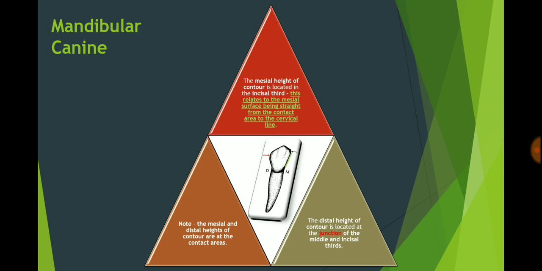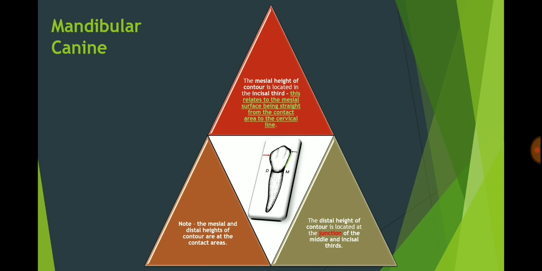Still on the mandibular canine, you can appreciate the mesial surface there in the green line, and you can appreciate the mesial height of contour and the distal height of contour designated by the arrows.